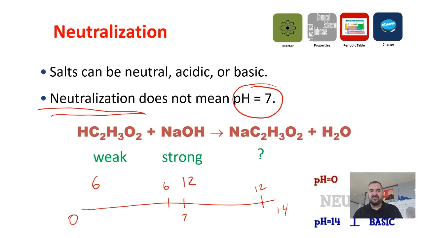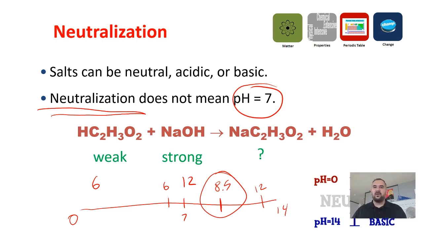So it's going to be somewhere between the 6 and the 12, which is going to be about right here, which we could call an 8 or a 9, let's say 8.5. So our pH is still going to be basic. It depends on what acid and base you're combining together and the quantity, how much of it you're putting in. But just know, just because you saw a neutralization reaction doesn't mean that your pH is 7.